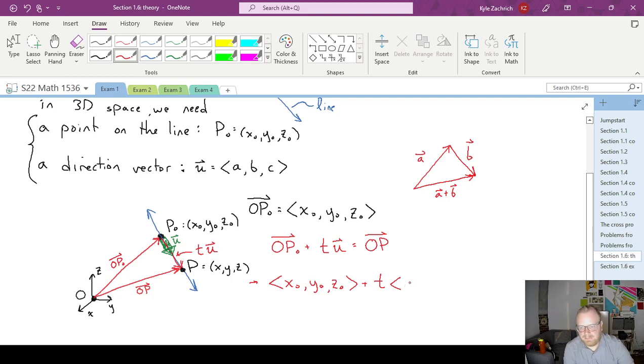So this is our direction vector. So get to a starting point, move some amount in our direction, this plus this is equal to this vector OP. OP is the vector x, y, z.